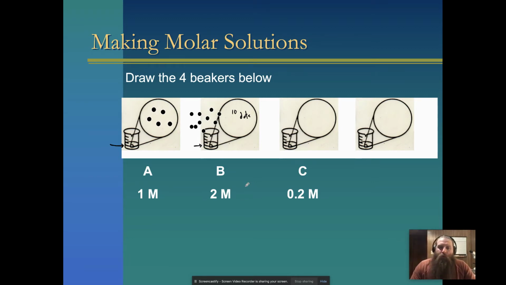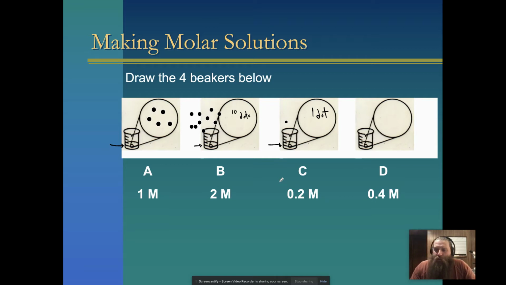All right, let's look at C. 0.2 molar. So again, we're comparing it to our first beaker, beaker A. What is 20% of 1 molar? Well, if 5 dots gives me 1 molar, what's 20% of 5? Well, 1 dot. So we would only have 1 dot in the same amount of solution, because the solution amount has not changed. Let's look at D. D is 0.4 molar.